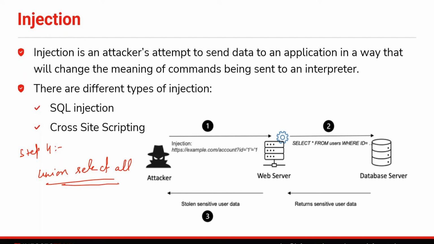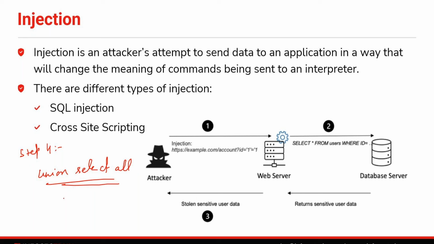In the third step you know the number of columns, so you will write union select, and you will write the numbers up to the number of columns, 1 2 3 4 5 6 7 8, or 1 2 3 4 5 6 7 8 9 10, like that. Then you'll press enter, and you will find the columns.